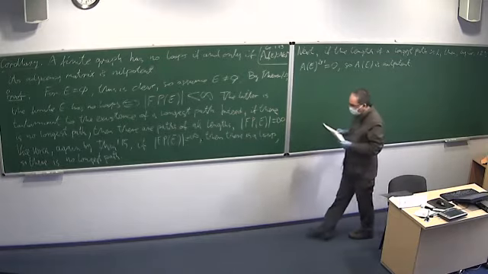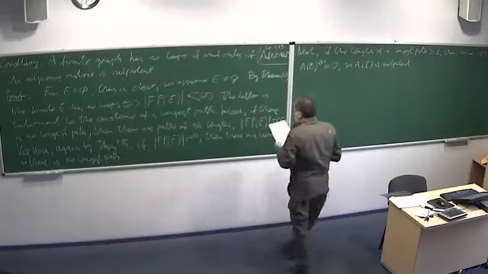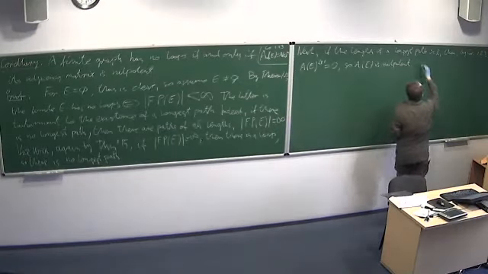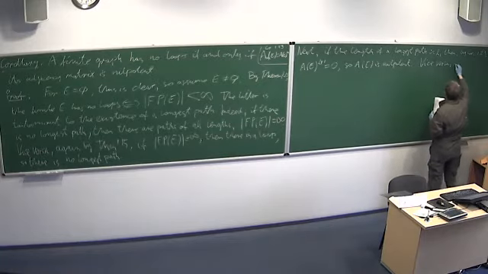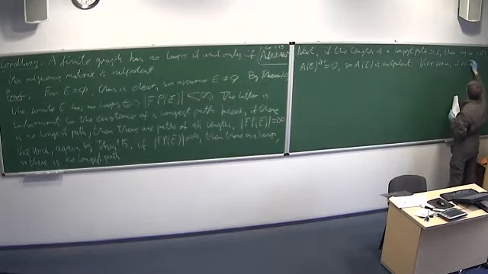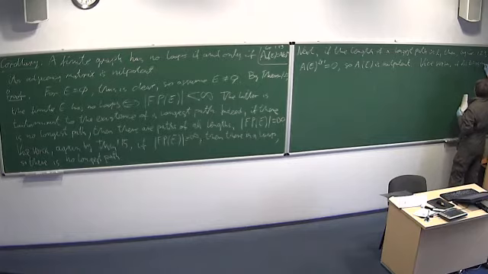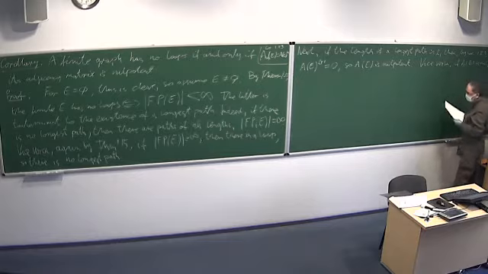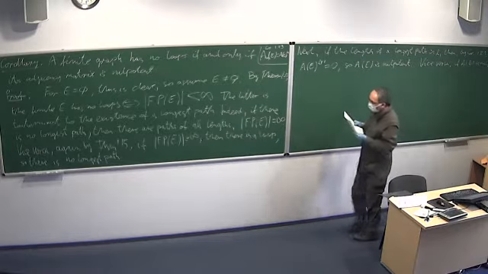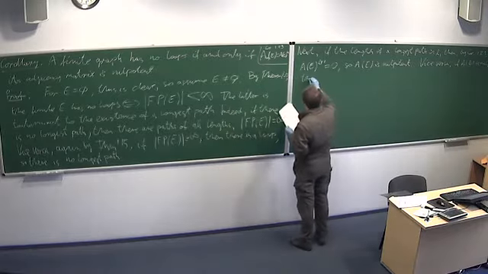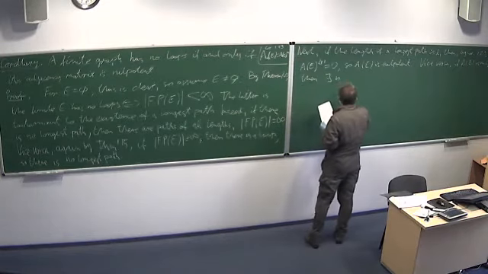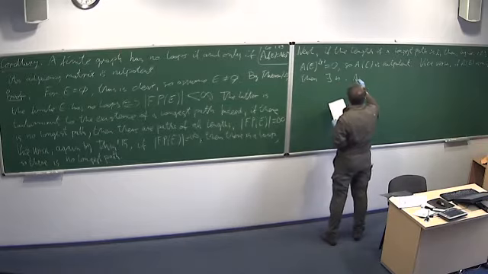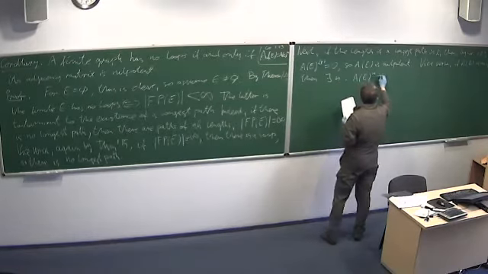So I have it one way. Now, vice versa, if A_E is nilpotent, then there exists such n that (A_E)^n is 0.